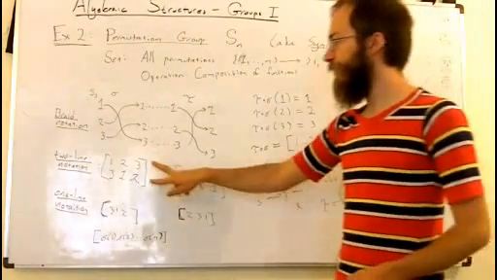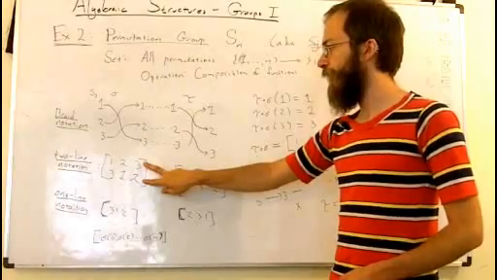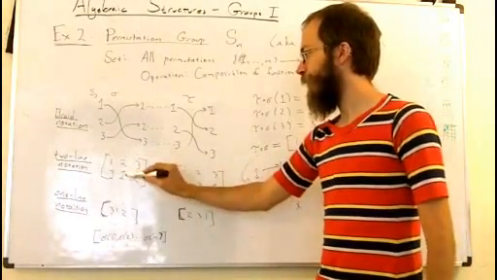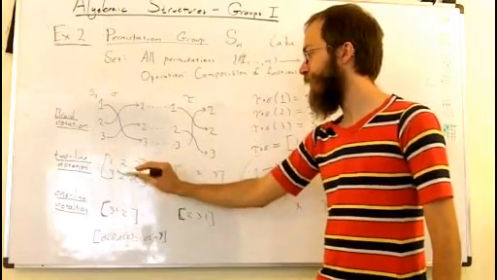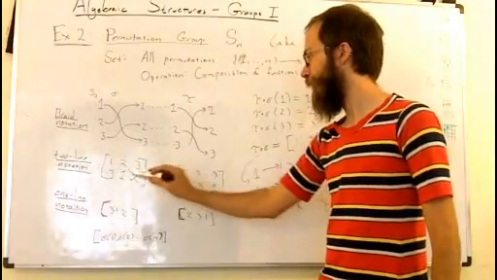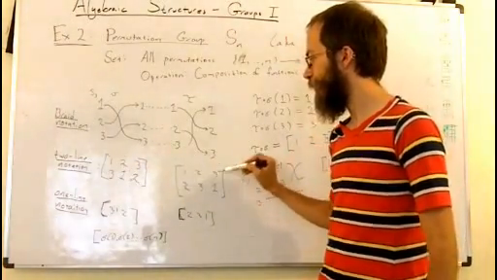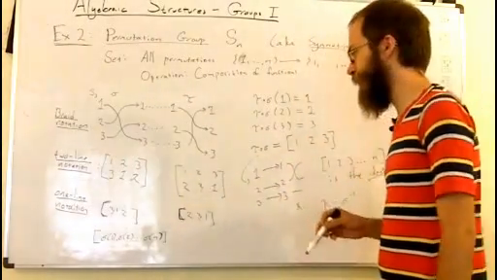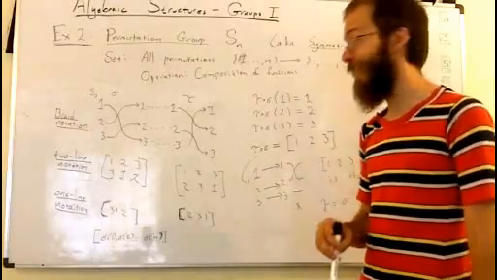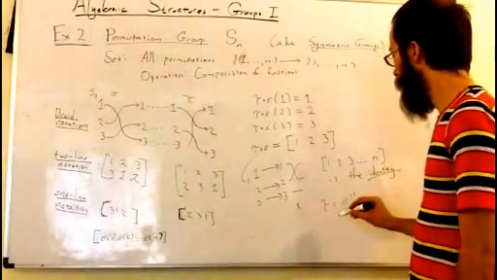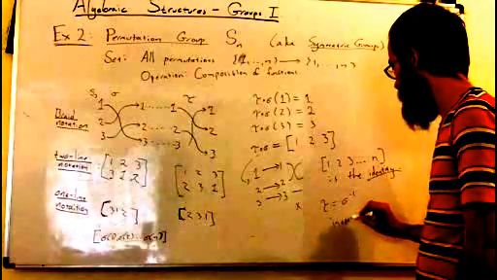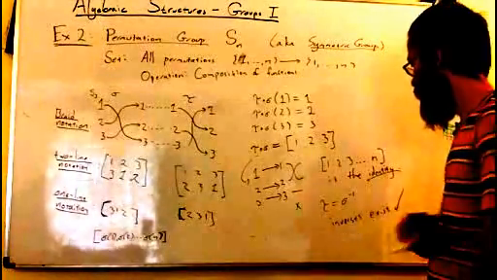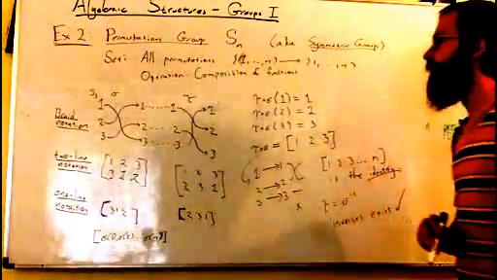For the two-line notation, if you take the two-line notation and flip it over and then sort the elements again, so 3 goes to 1, 1 goes to 2, 2 goes to 3, that's another way to compute the inverse. That is maybe a little bit fast, but you can try it on your own. So inverses exist for any permutation you want.